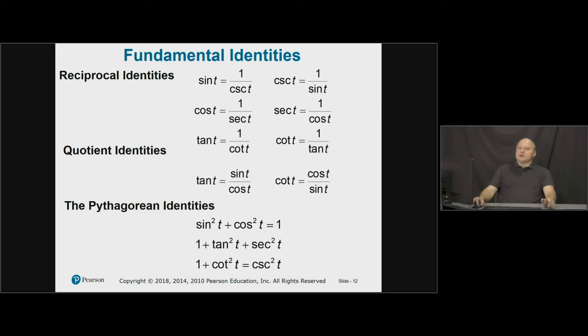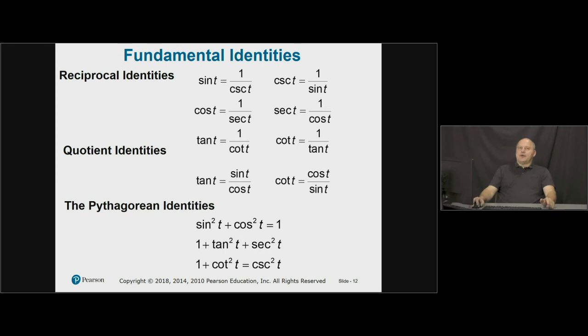And then cosine squared over cosine squared, of course, is 1. And then 1 divided by cosine squared gives you secant squared. So if you take the first one, sine squared plus cosine squared equals 1, and divide through by cosine squared and simplify, you get the second one.